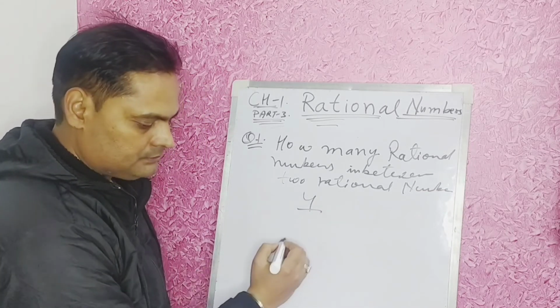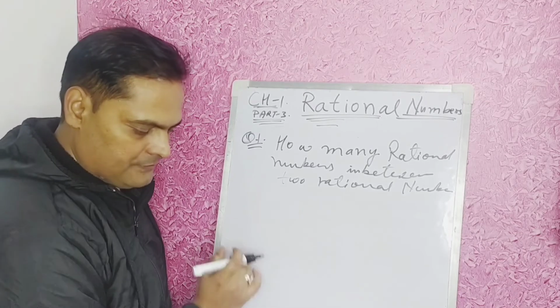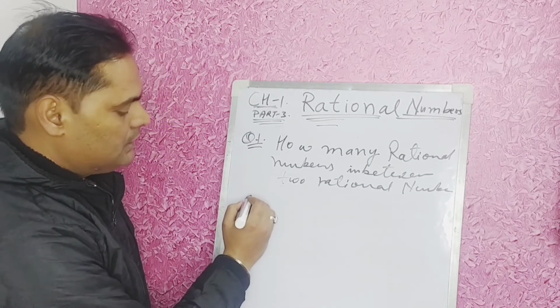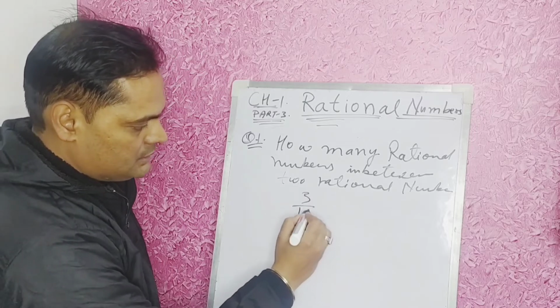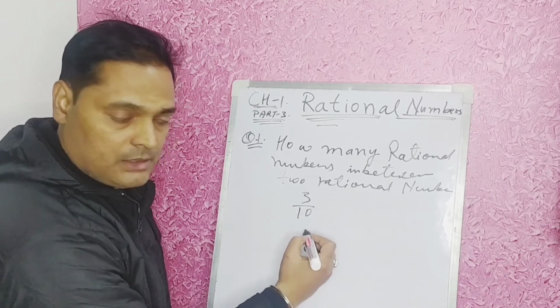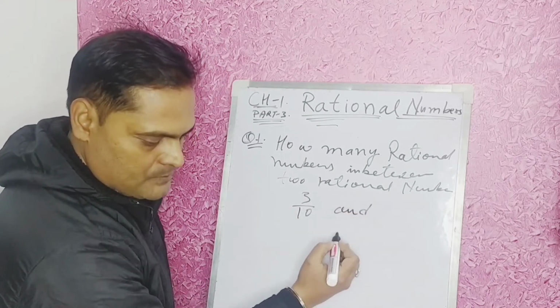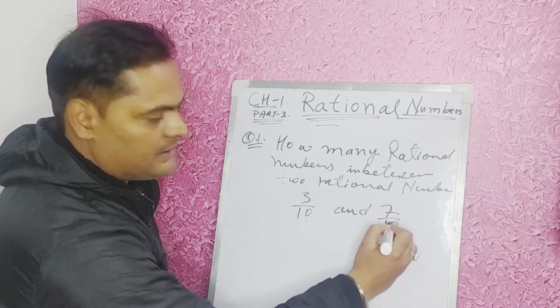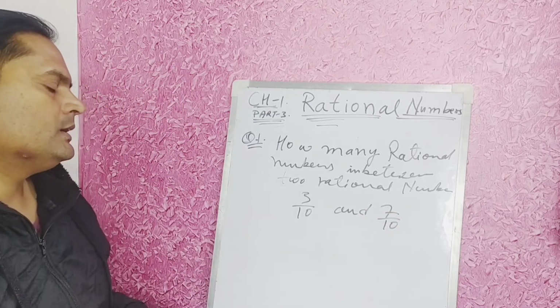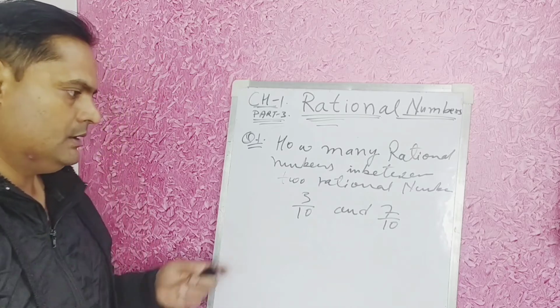The question is 3 by 10 and 7 by 10. Let's take the denominator the same so that we can find it in a correct way.